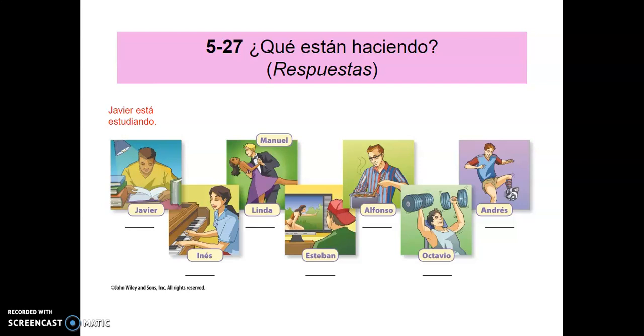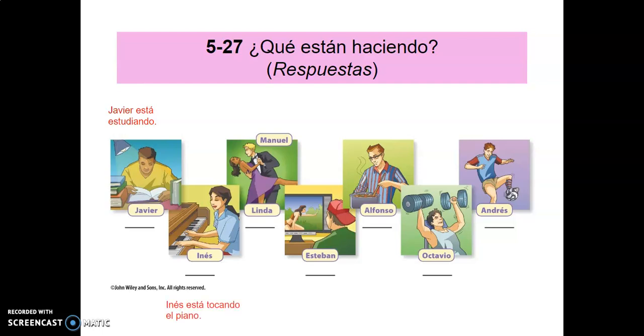That I-E-N-D-O becomes Y-E-N-D-O. So just keep in mind that certain verbs will need to change spelling to a Y, and we're not going to get into that in this lesson, but I think it does mention that in your book, or you'll get into that in future lessons. So in this one, I just used estudiar, and I said Javier está estudiando.